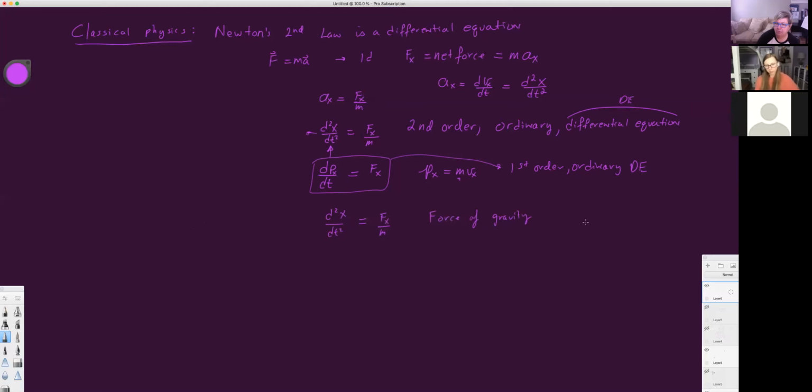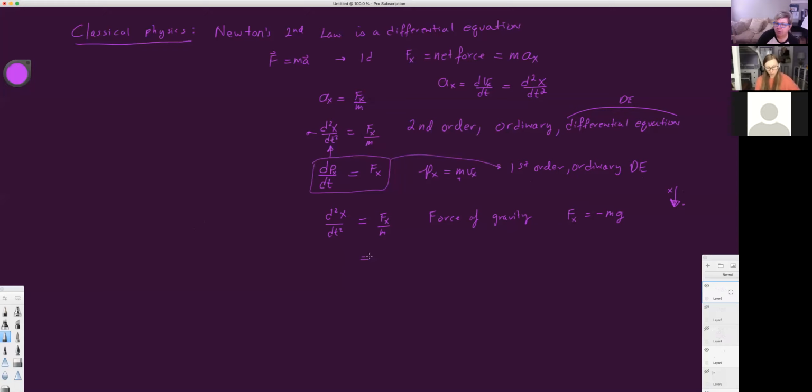So in this case, the force in the x direction, let's say, and let's just make x be down. So that'll be easiest. I'm not going to change variables to y or anything silly like that. And we're going to have the negative direction be down. So this is going to be minus mg, where g is acceleration due to gravity.